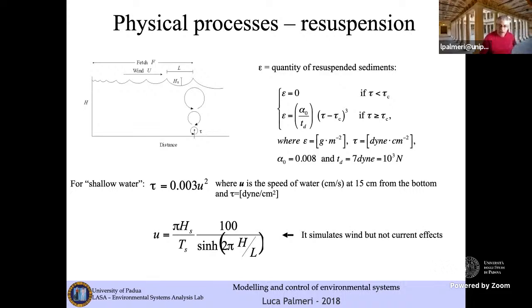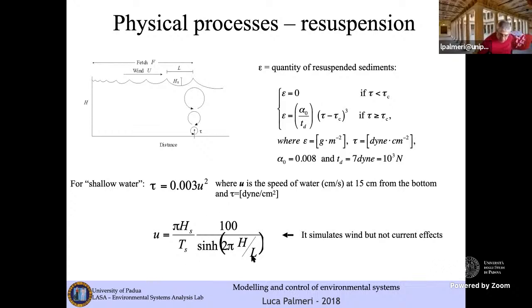And then we have another submodel that, for shallow water systems, describes the dependency of the speed of the water U on the depth of the water system H, the period of the waves, and the wavelength L. Please note that this dependence links the speed at 15 centimeters from the bottom to the height of the wave, Hs, to the period of the wave, tau s, to the depth of the water system, H, and to the wavelength, or the reverse of this, 1 over the period of the wave.